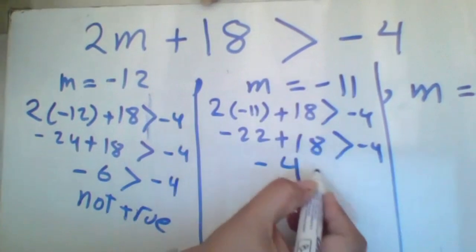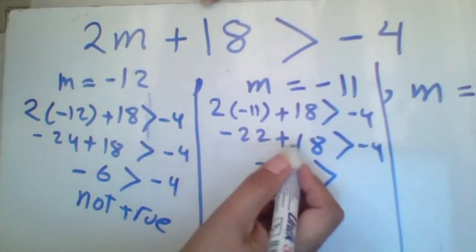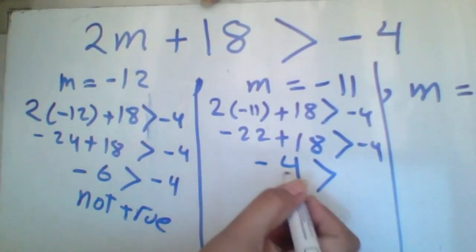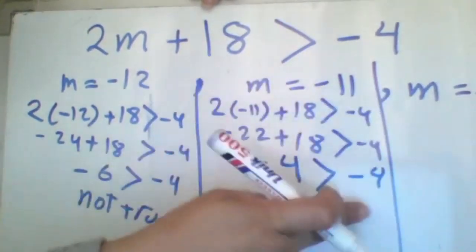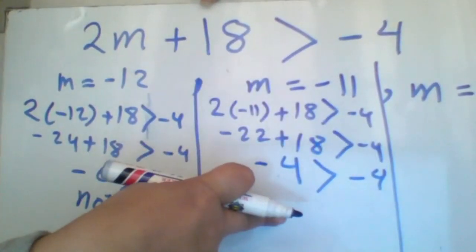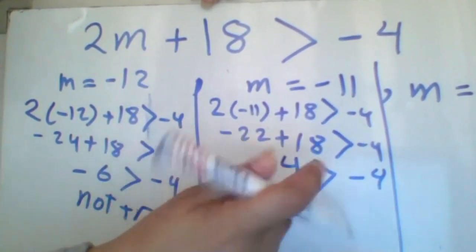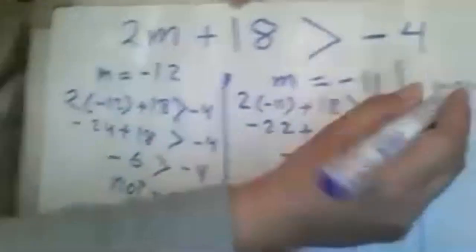Ahmed Sabir, you are not here? I'm here. Okay, Habibi. Negative 22 plus 18, it will be what? Negative 4. Okay, and on the opposite side, you have negative 4. If those two are equal, is this a correct inequality or not correct? Not correct. So we will not accept this one. Let's move to the last one.